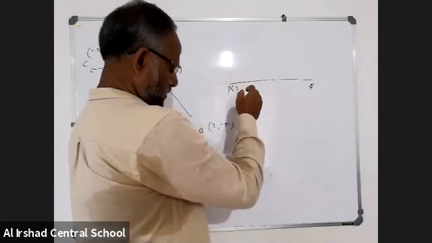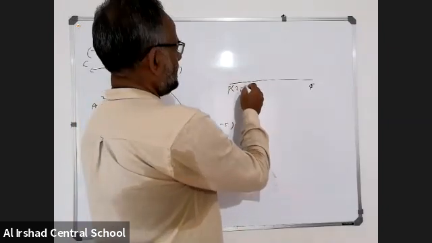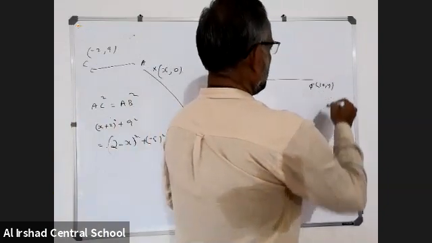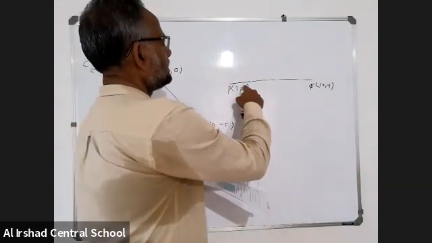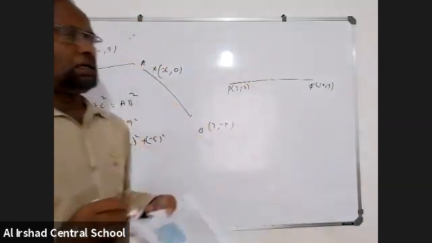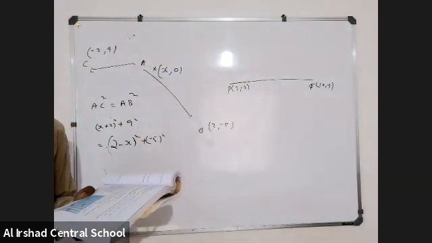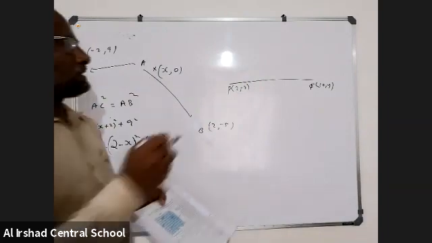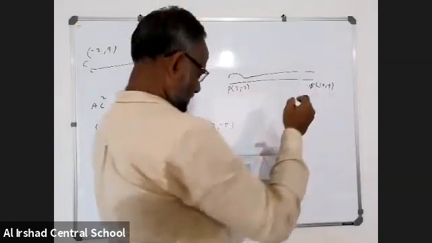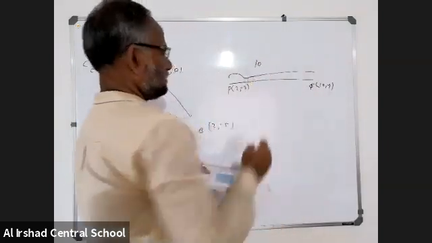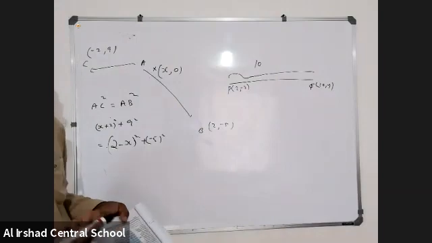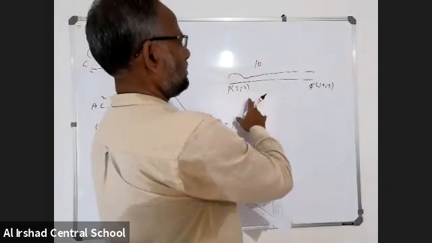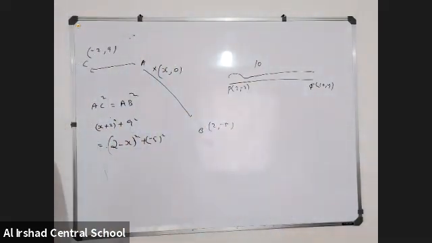P is equal to 2, minus 3 and Q is equal to 10, y. But this distance is given. This is 10 units. Direct question only. Why you can find out: (10 minus 2) whole square, like that. The only unknown thing is y, that we can do.